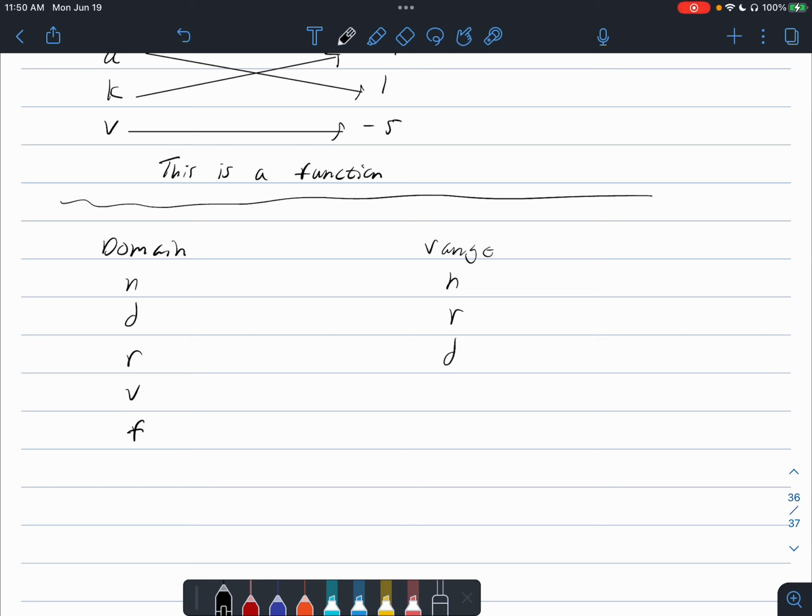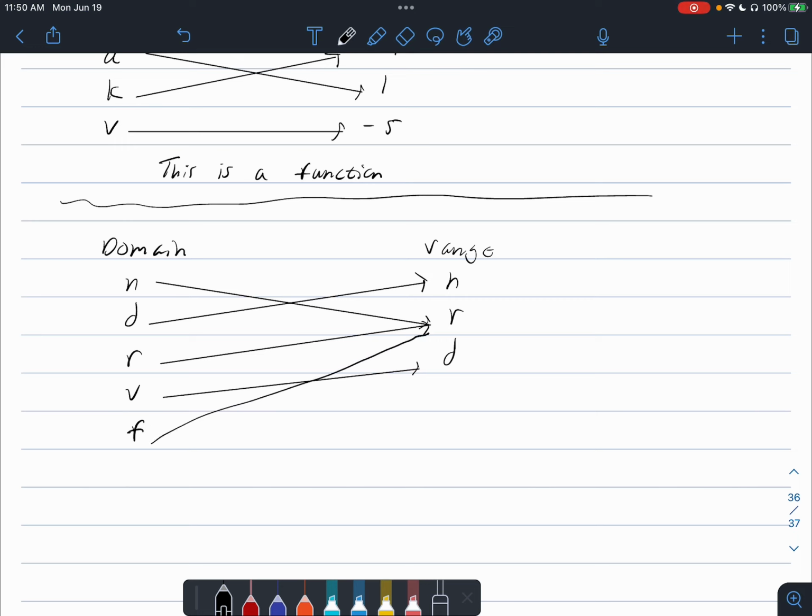In this case, N is mapped to R, D is mapped to N, R is mapped to R, V is mapped to D, and F is also mapped to R.